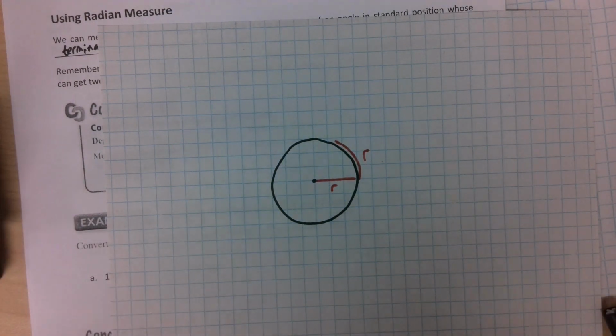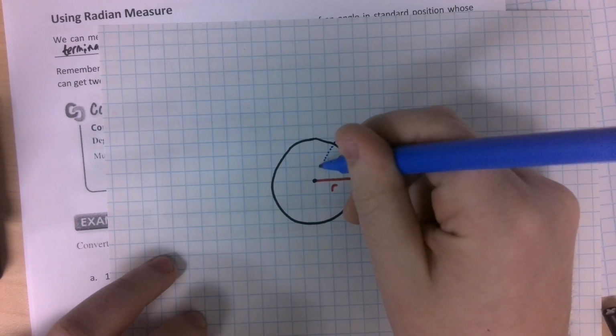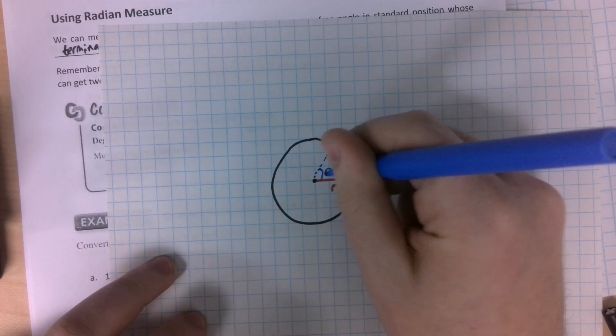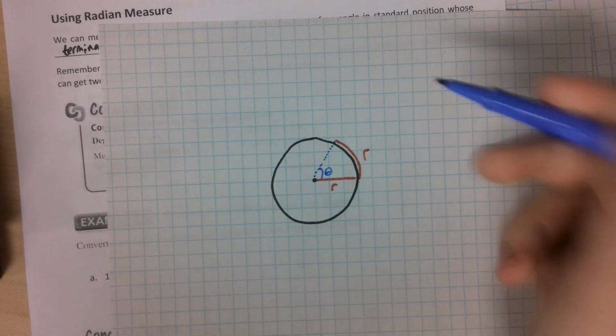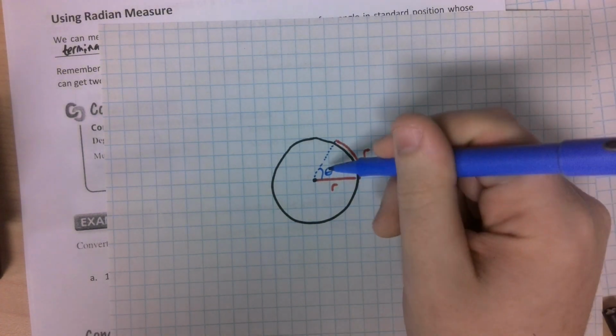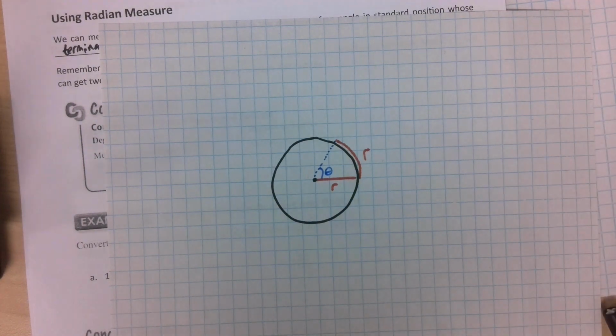The angle measured between the end of this arc and our original is the same measurement in radians. Radians would be the distance here. Degrees would be the angle. That's literally all it is. It's like measuring an angle inside of a circle comparing to the distance on the outside of a circle.